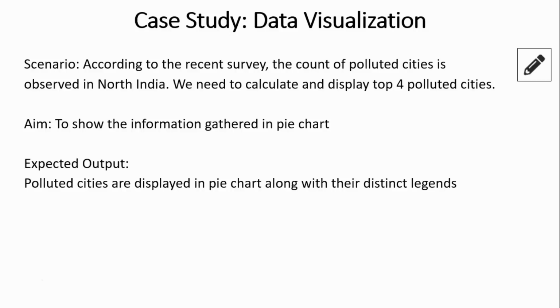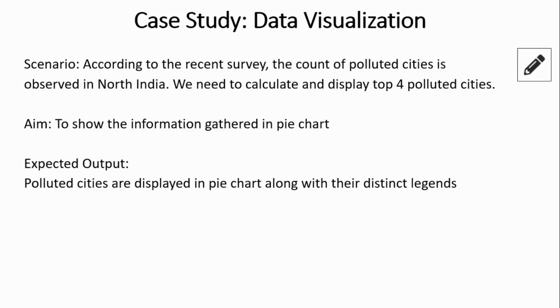And we need to calculate and display, in chart format, the top 4 polluted cities. My aim is to show the information gathered in a pie chart. A pie chart will be a better illustration because it will show you the percentage level as well. So my expected output now is to show the polluted cities in a pie chart along with their distinct legends.